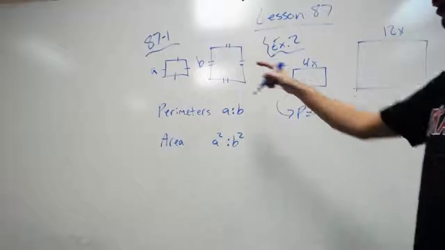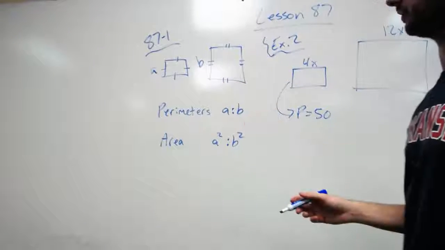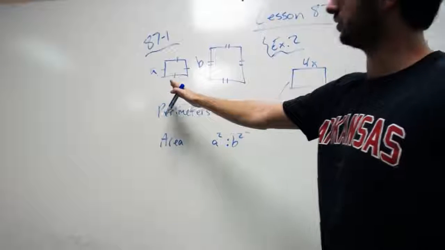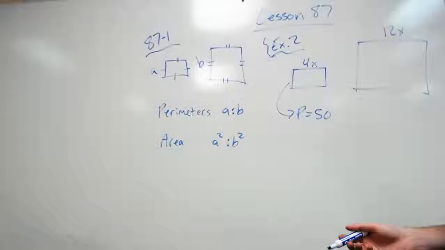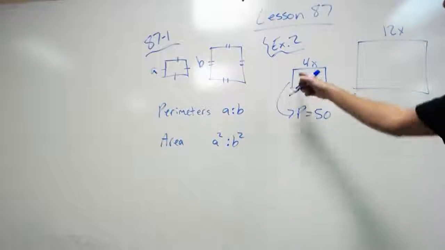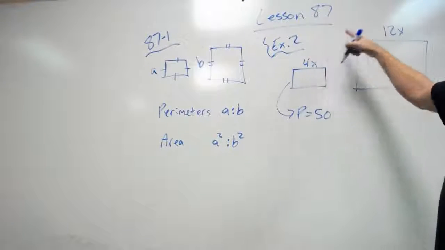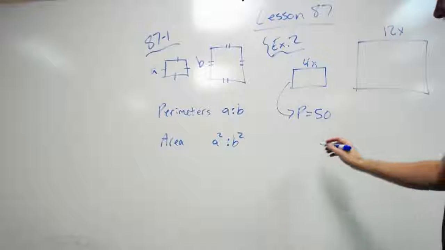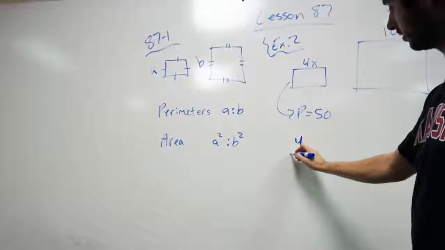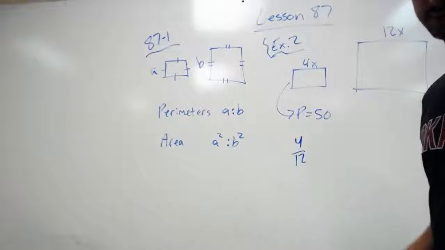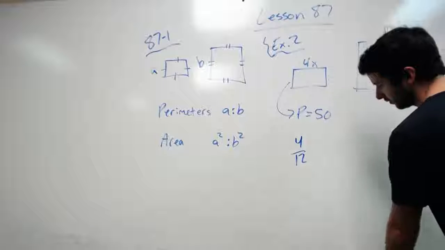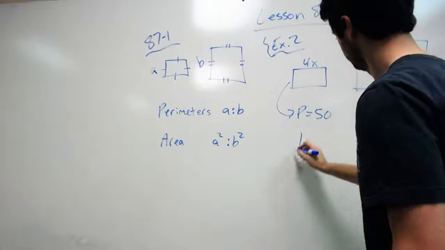Going back to theorem 87-1, for any ratio A to B, what's our A to B ratio here? Here it would be 4 to 12. So I'm going to put 4 over 12, and reduce that to 1 over 3.